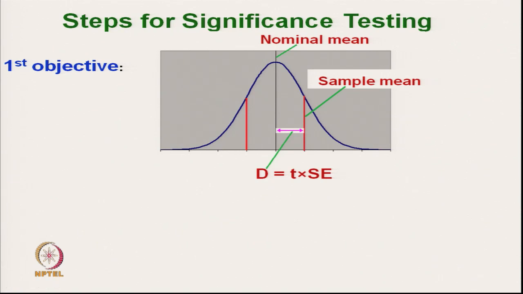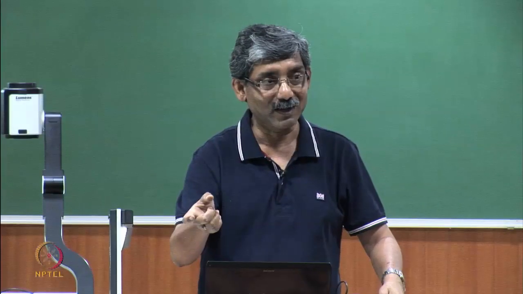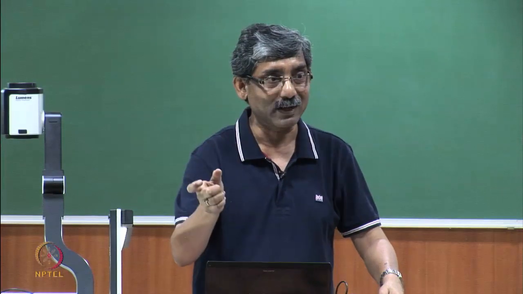Earlier, in the normal distribution, the difference was expressed in terms of the standard deviation, plus minus 1 sigma, plus minus 2 sigma, like that.